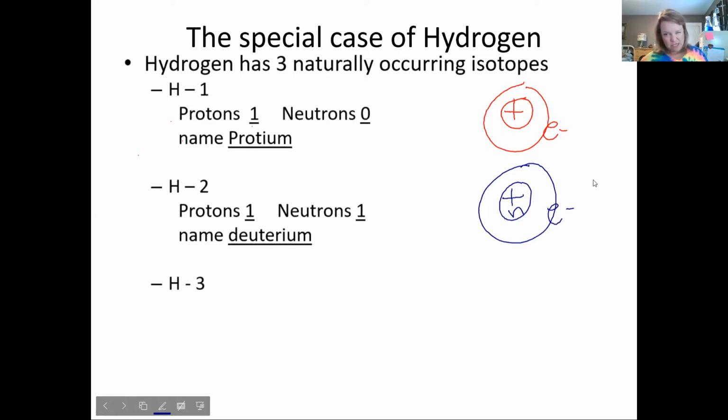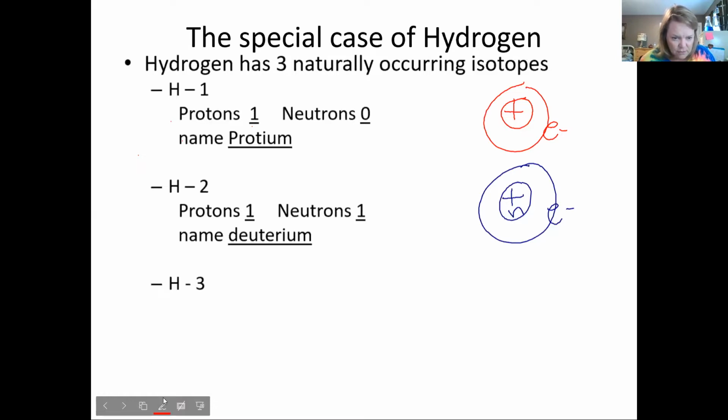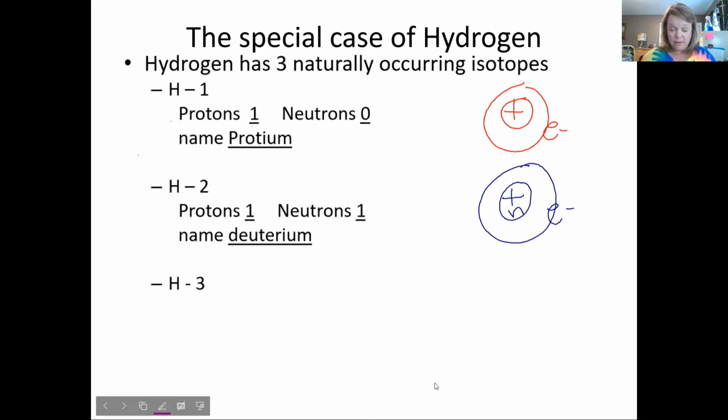This isotope is not very abundant. But it's hydrogen 3, so what's it going to look like? Let's change to purple.